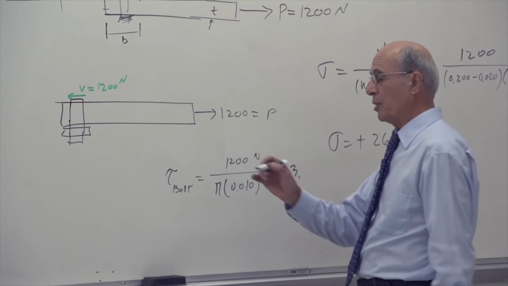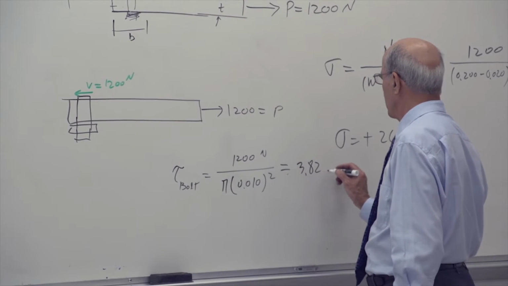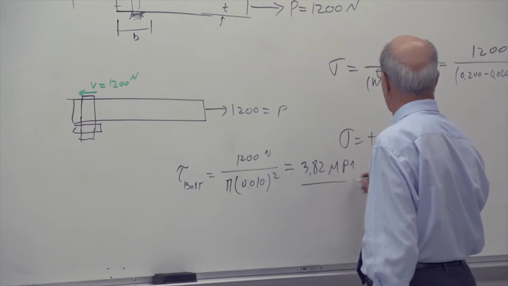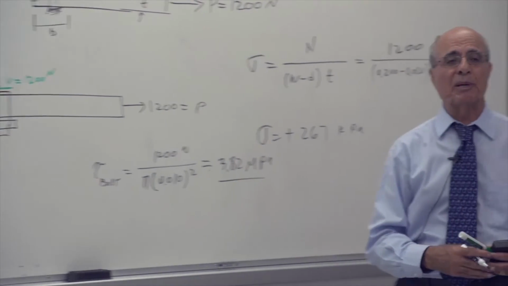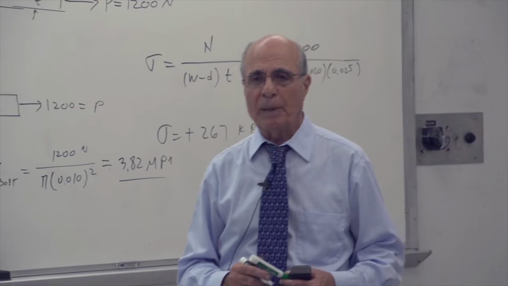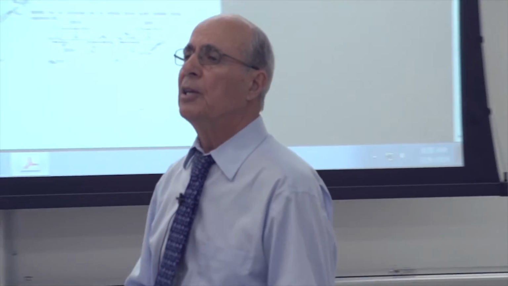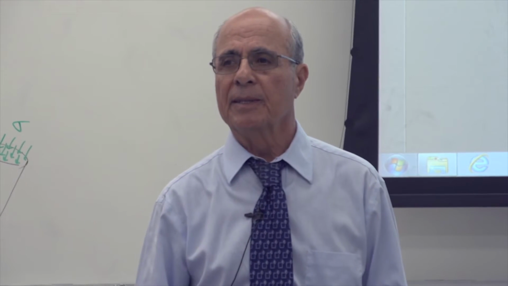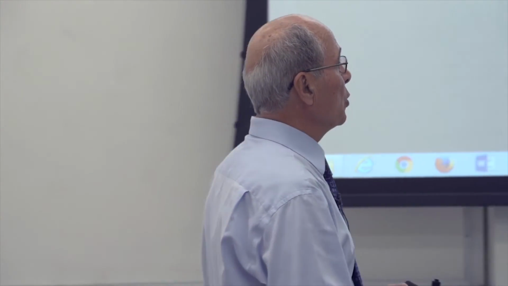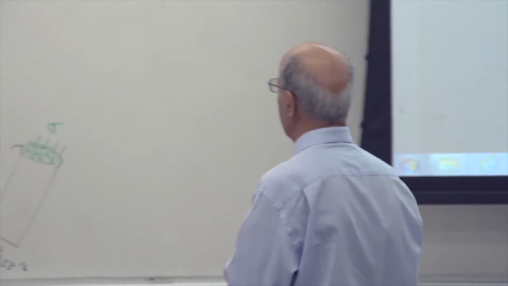Of course, this is metal, so this is 382 megapascal. Notice when it was in the wood, I was expressing it in kilopascal. This is the metal. Bolts are usually a higher strength still, so therefore it is much larger. Is that correct or not? Yes?